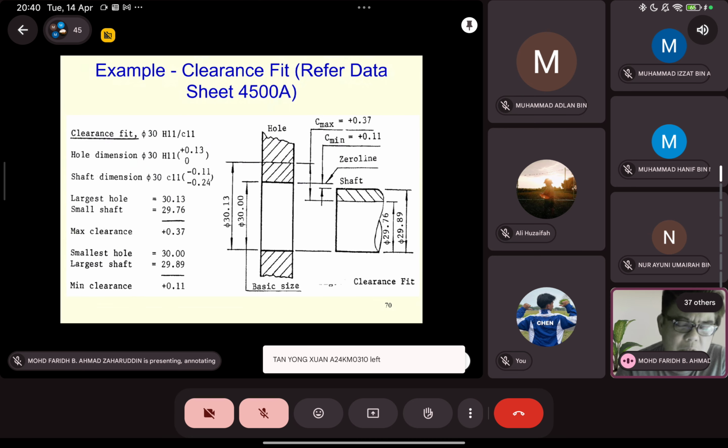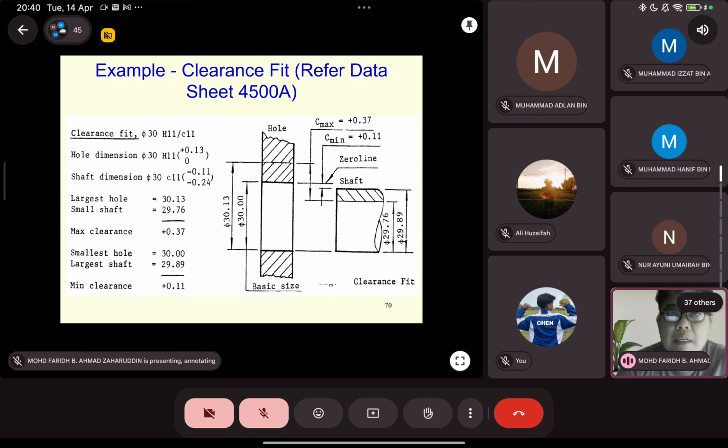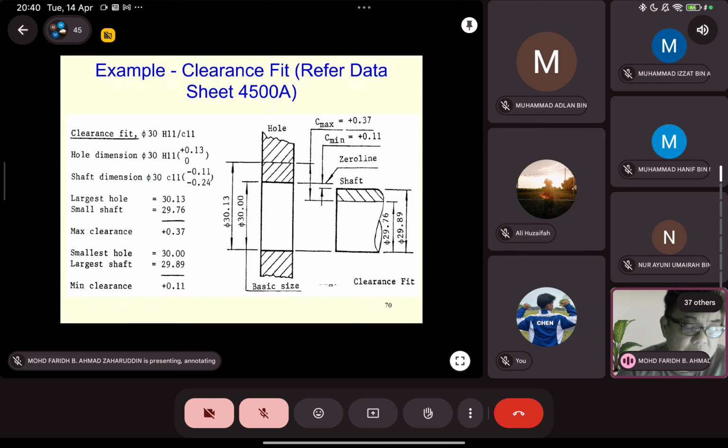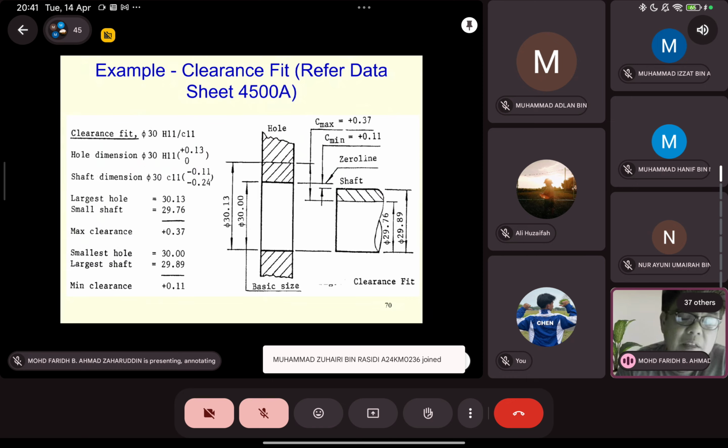For example, I talked about what is the tolerance, what is the upper limit, lower limit, and what is the deviation, upper deviation, lower deviation, and what you need to know about the hole basis system, what is the shaft basis system, and then about unilateral, bilateral. So all these things you need to understand, and if you can't, then maybe you need to memorize it.